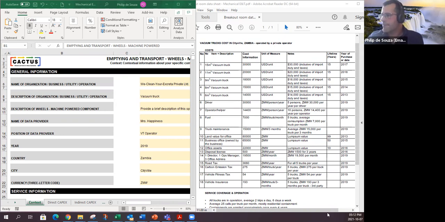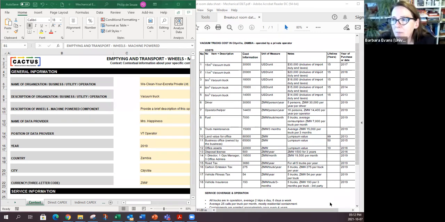Okay. Can I jump in here, Philip? Yeah. So just for Laura and Richard and a few people who may not be so familiar with Cactus, this was actually a really important idea that we brought into Cactus. People often talk about the cost of sanitation, and they confuse the real operational cost of an in situ project with the theoretical cost of what a project is supposed to cost.